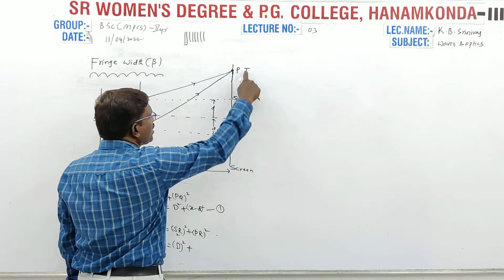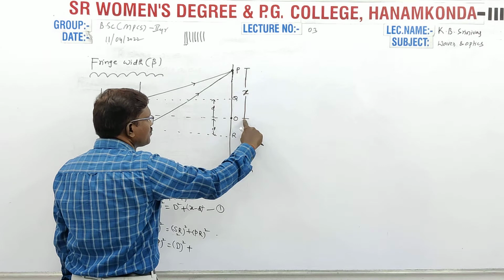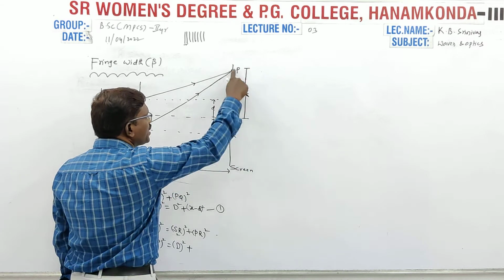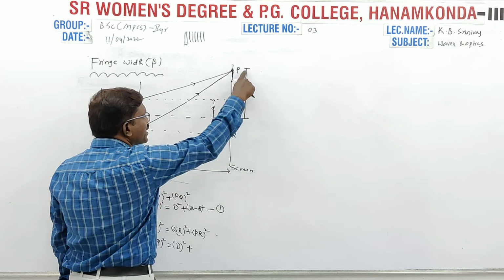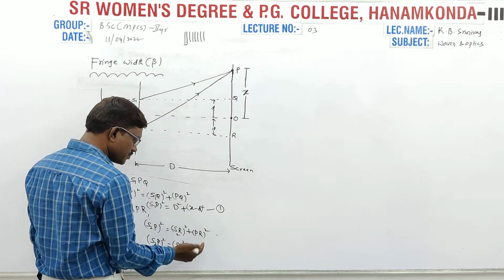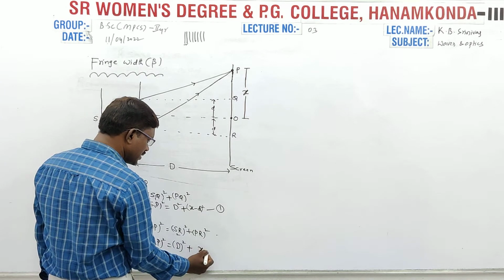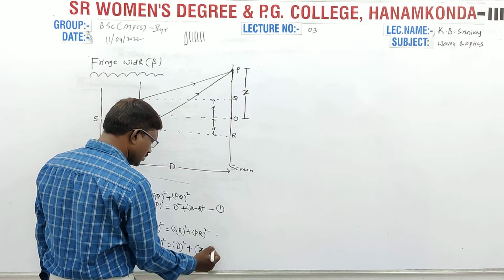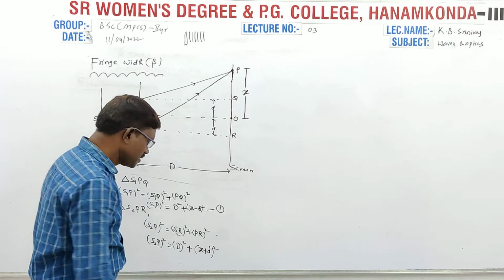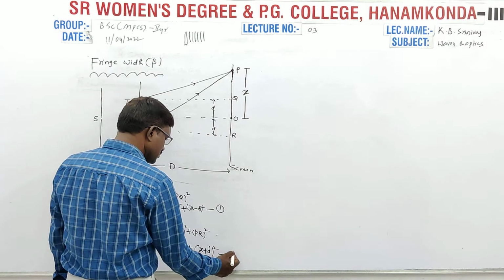This distance is already X. From this diagram, this distance is equal to small d. So PR is equal to X plus small d. So instead of PR, you can replace it with X plus small d whole square. Clear? Let this be equation number 2.